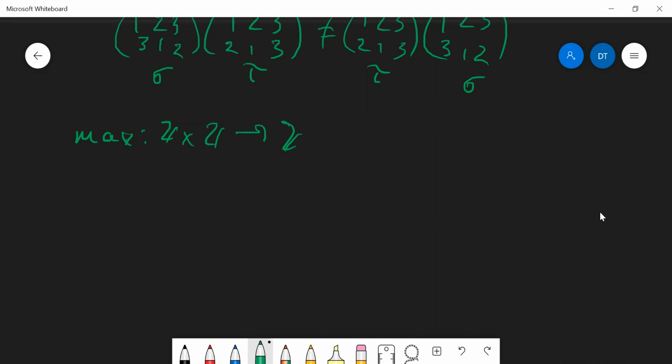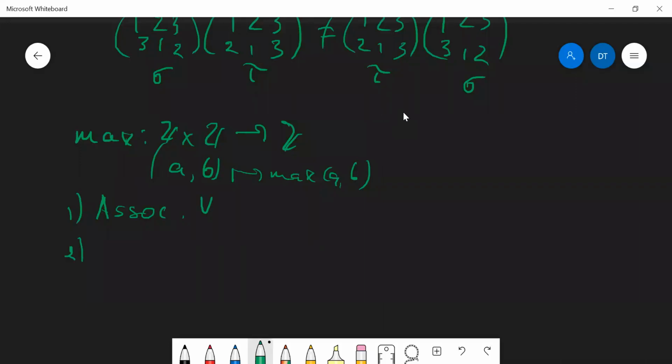So is this operation associative? We take the pair A and B to the maximum of A and B. Is this operation associative? Yes, it is. Okay, yes, it's associative.